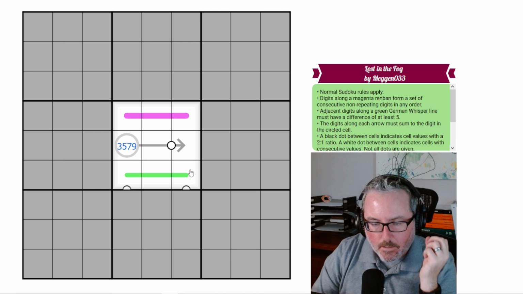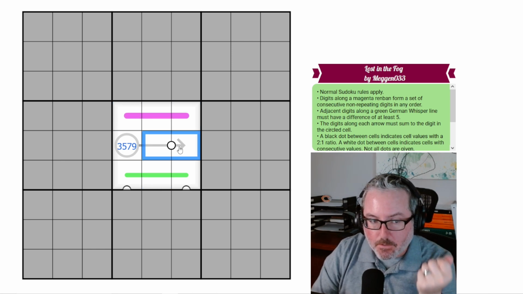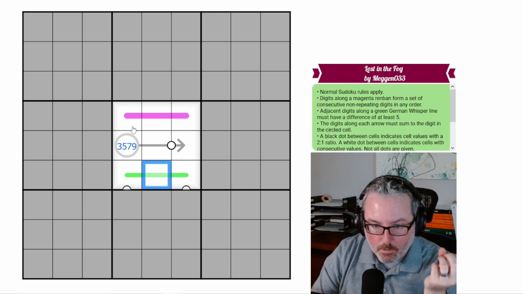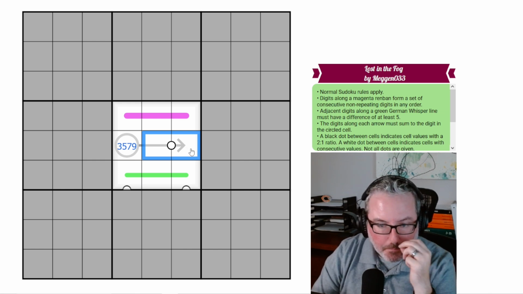Now, the other way to go about it would say, could we have 2, 3, 4? Now, that would force a 1 down here, but then these two digits would have to be at a minimum of 5, because we have 1, 2, 3, 4. So this would have to be 5, 6 at bare minimum, which is 11, which doesn't work.